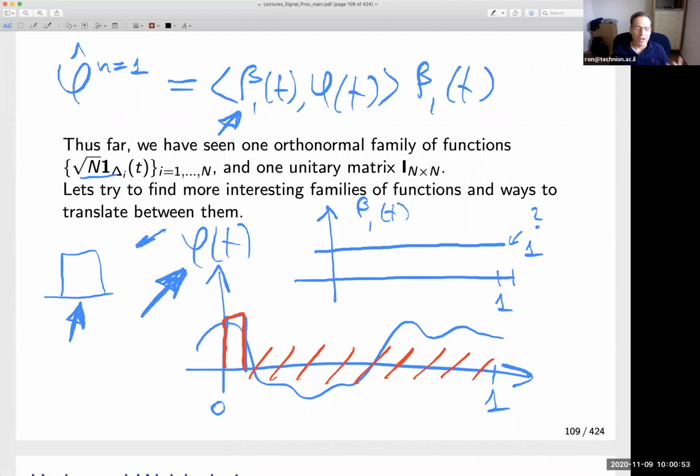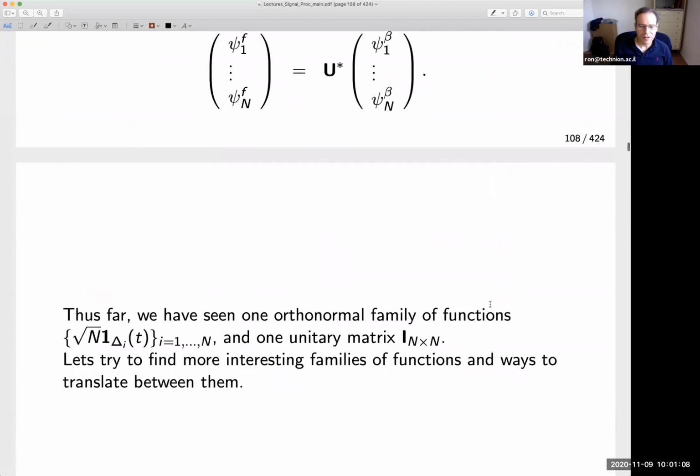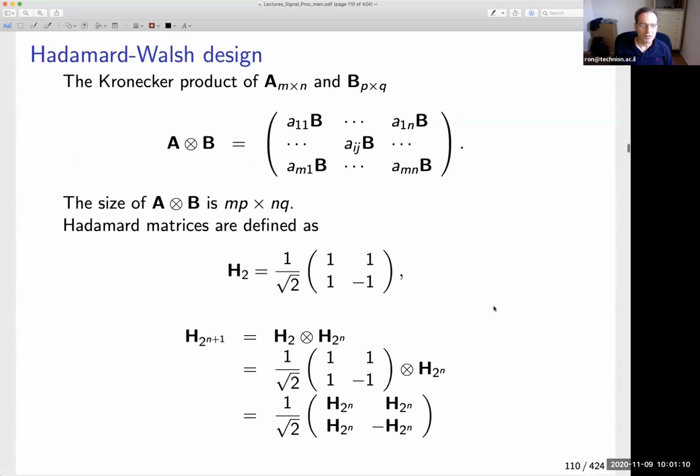So the question is, how do I re-engineer my basis function? For that, we will learn about 3 families. That would be the introduction to something which is a little bit more sophisticated. And let me just go and show you what would be the first one.